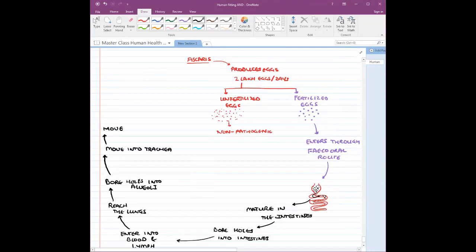Now, let's try to see this. They move towards the mouth, moving along with the cough. So whenever you cough, they come out into your mouth. But now, what happens?